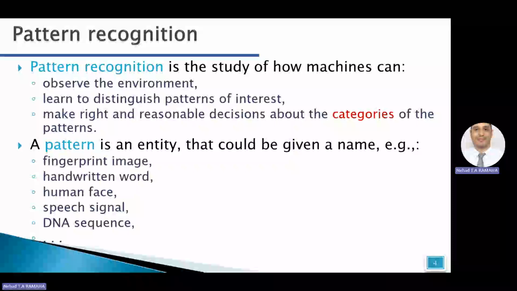It could be an identity or entity, like a human, animals, trees, and so on. It could be fingerprint images, medical images, text, handwriting, or sound. So almost anything that a human can recognize, we want to make the machine clever enough to also recognize.